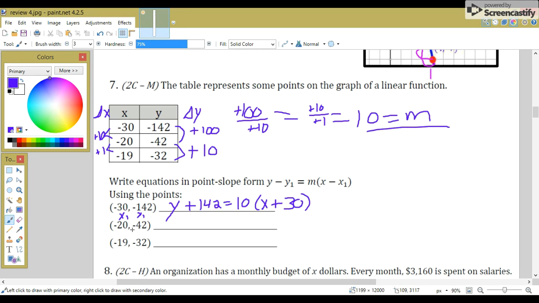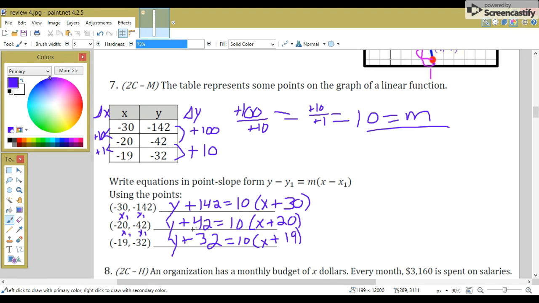Now let's use another point. We have y plus 42 equals 10, parentheses, x plus 20. And then we have the last one. y plus 32 equals 10, parentheses, x plus 19.